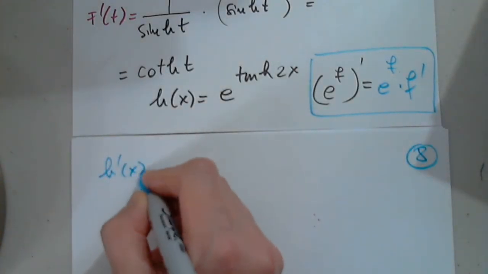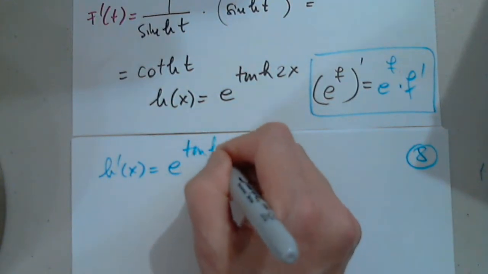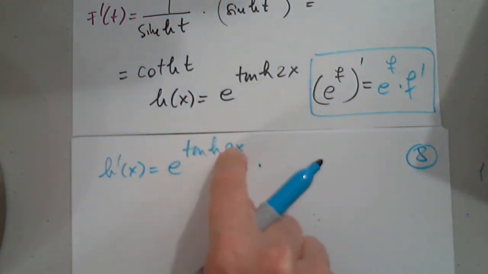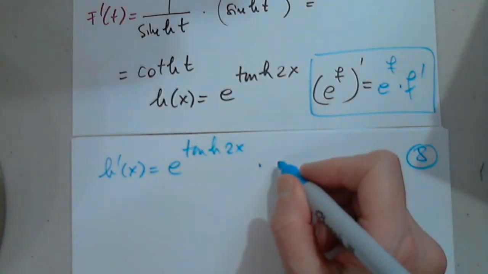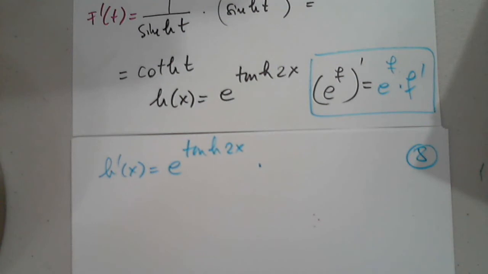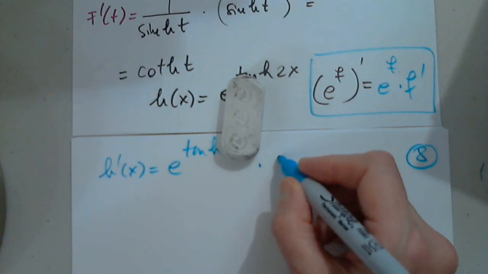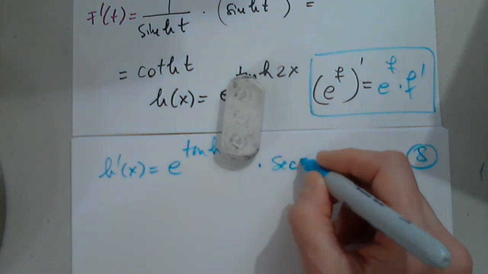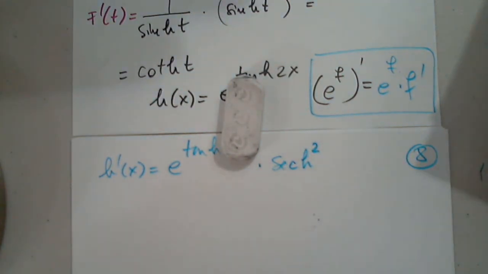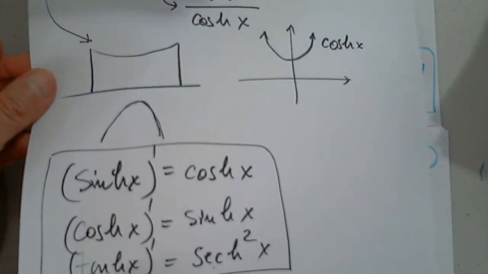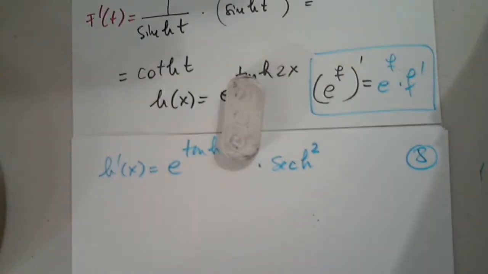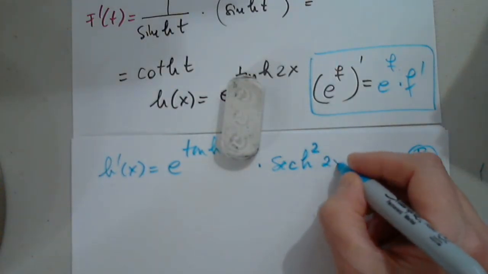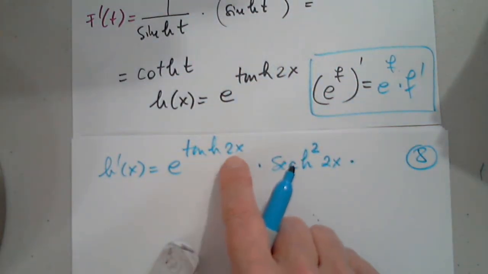So then h prime will be e raised to hyperbolic tangent times the derivative of hyperbolic tangent, which is hyperbolic secant squared of the argument times the inner function prime.